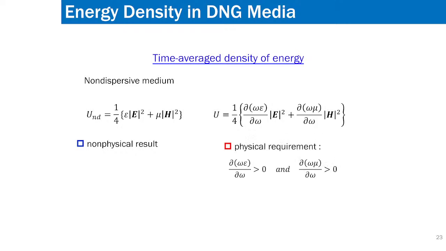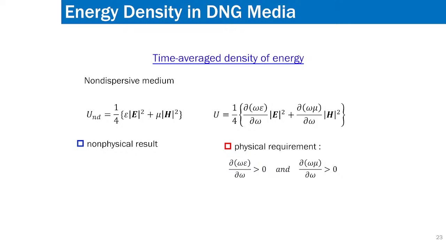Now, this has to be true provided U is positive. For U to be positive, both these partial derivatives must be greater than 0. So the range in which both these partial derivatives are greater than 0 and epsilon is negative, mu is negative, over that range we say the media is DNG media, and there we are experiencing DNG phenomena.